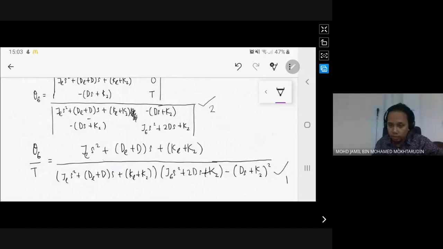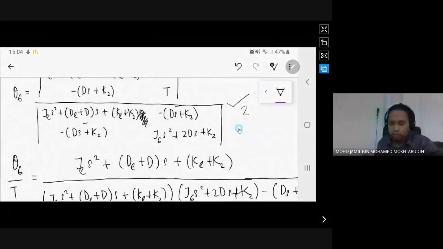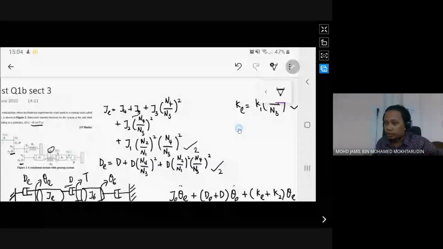Does JE include J5 as well? Yeah. Okay, so J5 plus J4, okay?